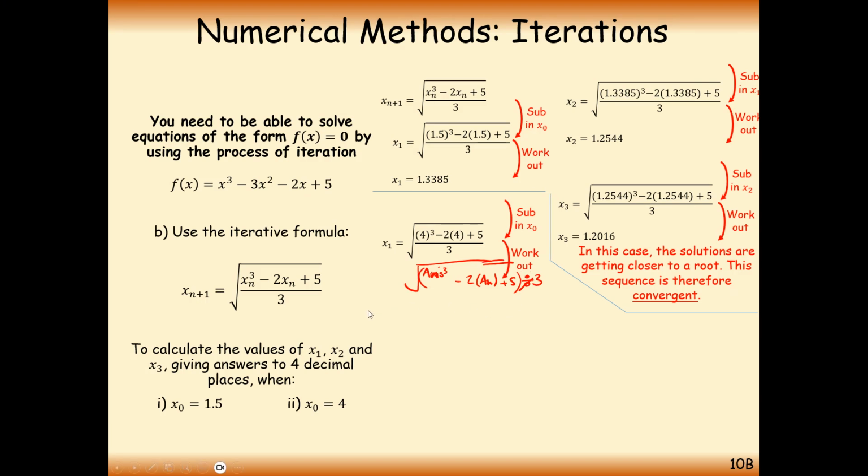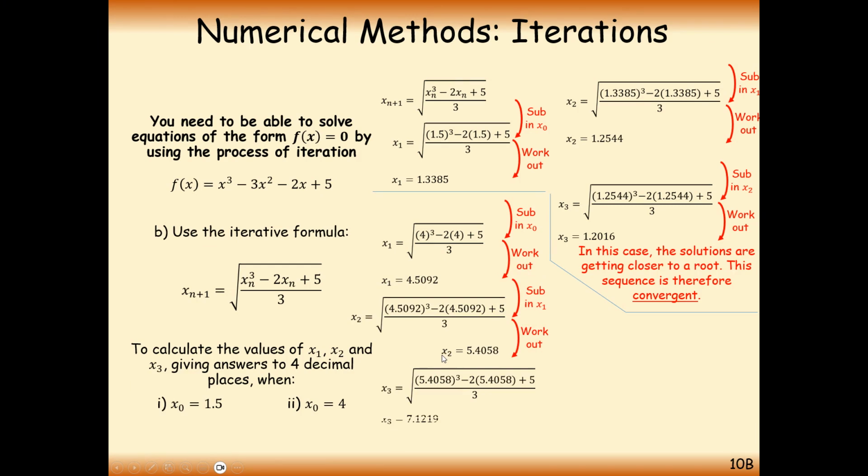Then you should be able to work rather quickly for the next iteration and the iteration after that. What you end up with is 5.45, 5.47, 12, and sadly this one does not converge.